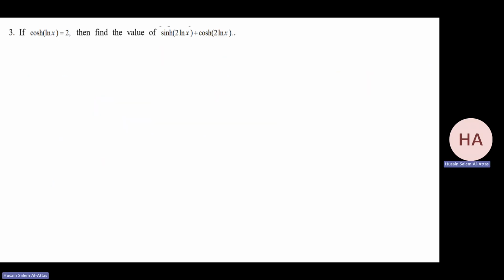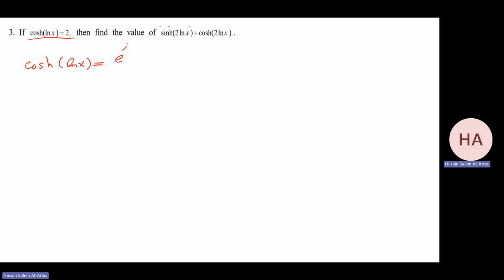Find the value of sinh 2 ln x plus cosh 2 ln x, if cosh ln x is equal to 2. What shall I do? Cosh ln x is what?